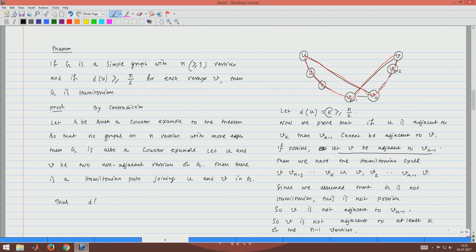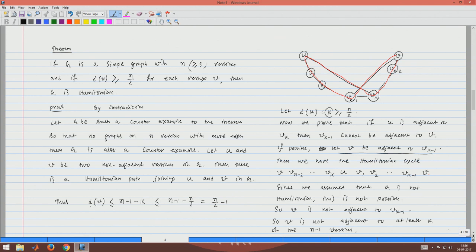Thus, the degree of v. So, the ultimate goal was to compute the degree of v and come to a contradiction. Since v can't be adjacent to at least k of these n minus 1 vertices, the degree of v should be less than or equal to n minus 1 minus k, and k is greater than or equal to n by 2. So, this is less than or equal to n minus 1 minus n by 2, which is equal to n by 2 minus 1.